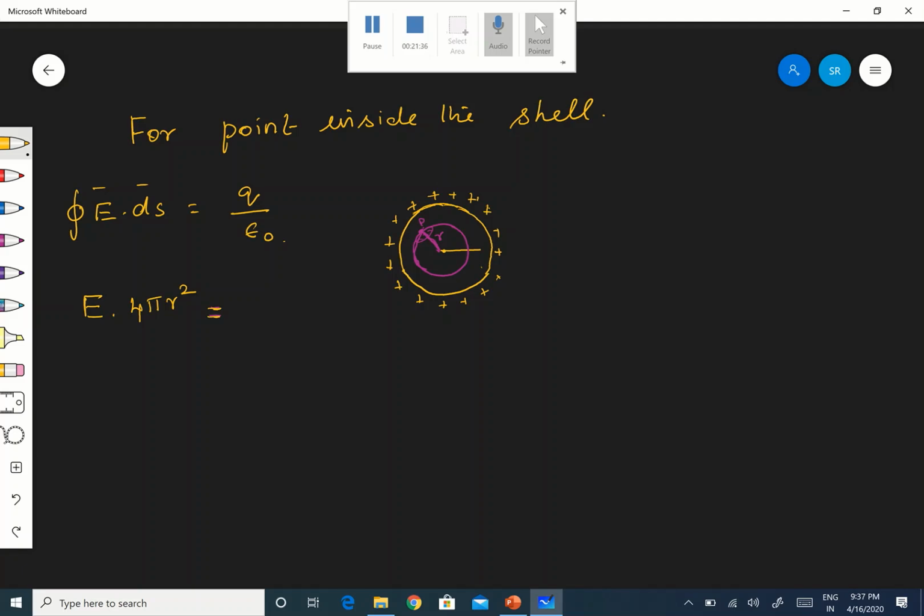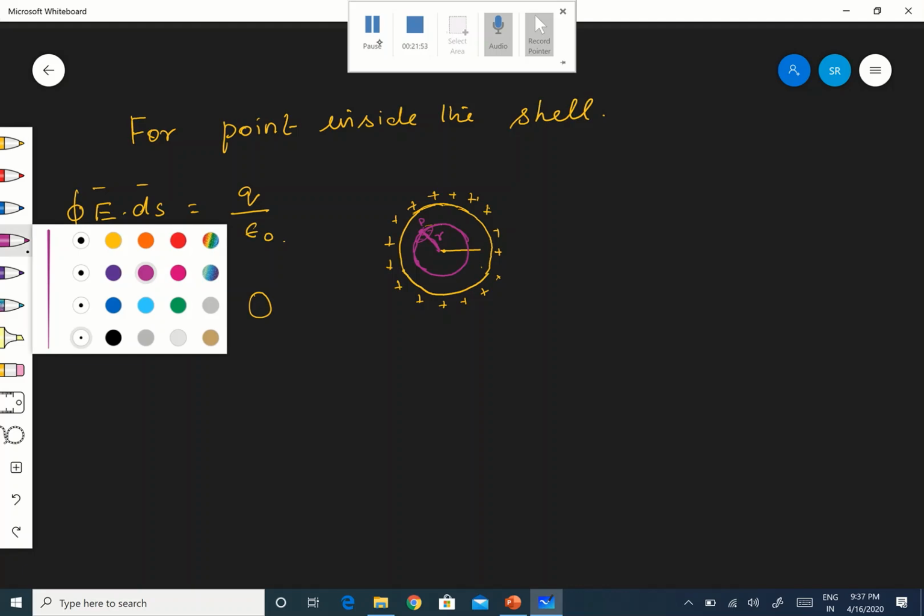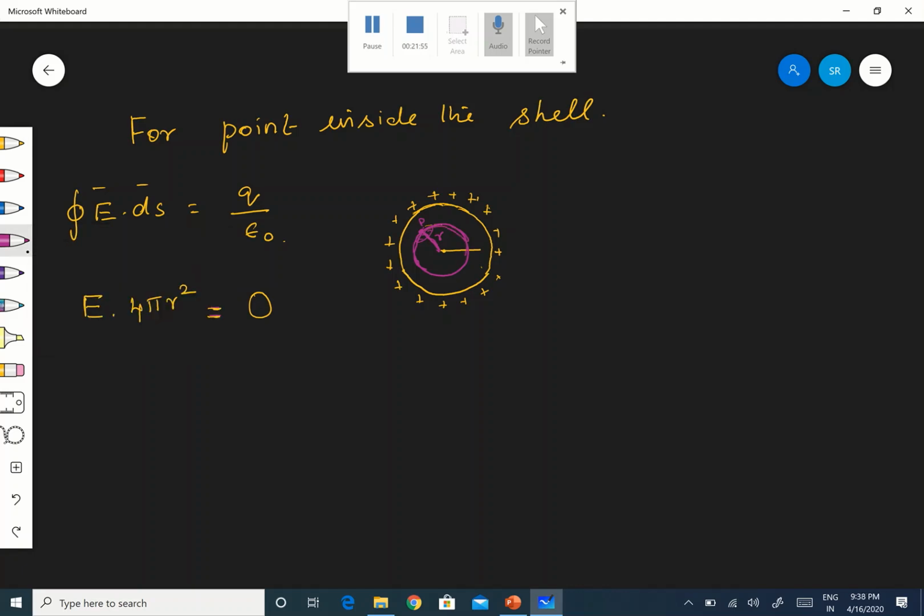What is the total charge enclosed by the Gaussian surface? It is 0. This is our Gaussian surface, and it is not enclosing any charge, because my charge shell is outside the Gaussian surface.